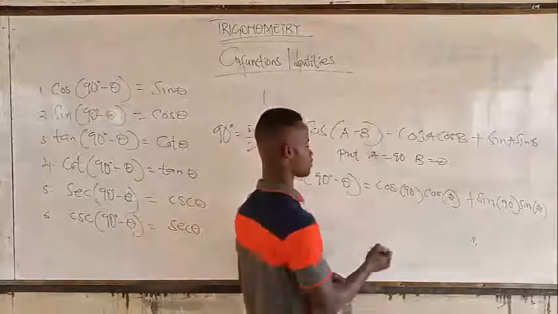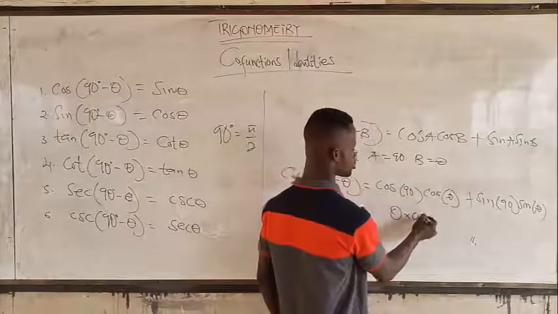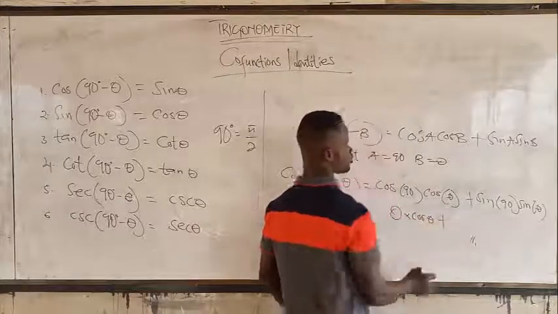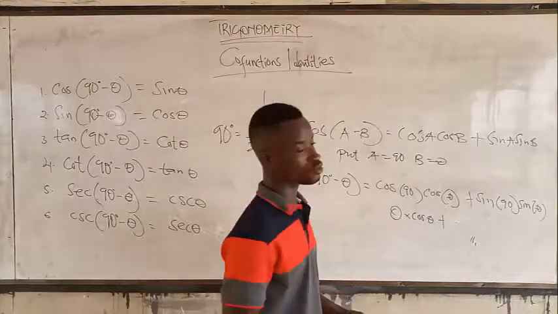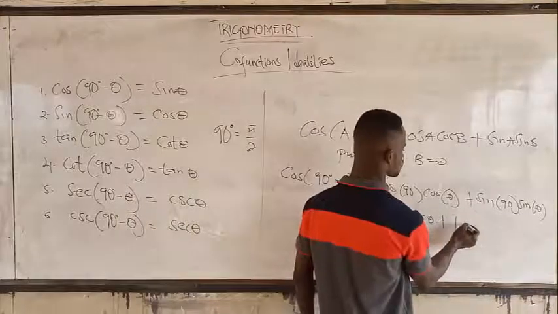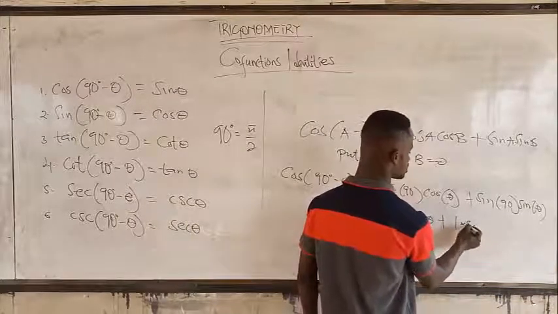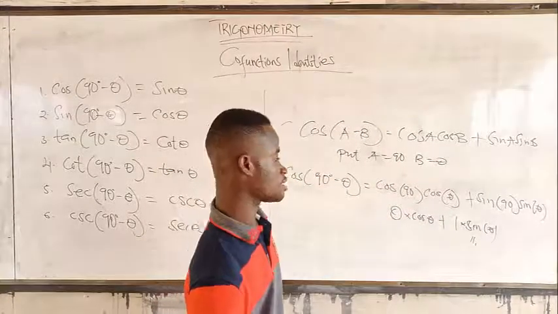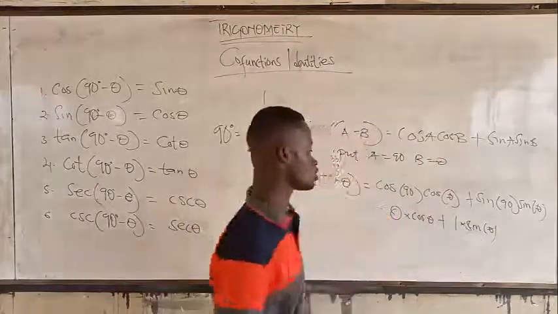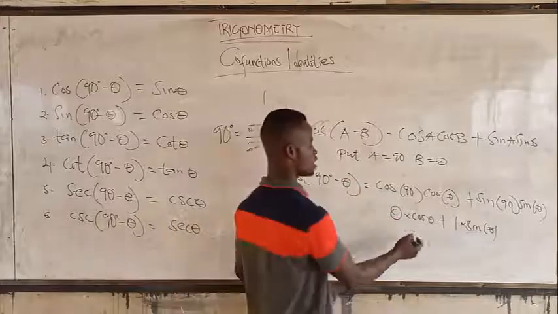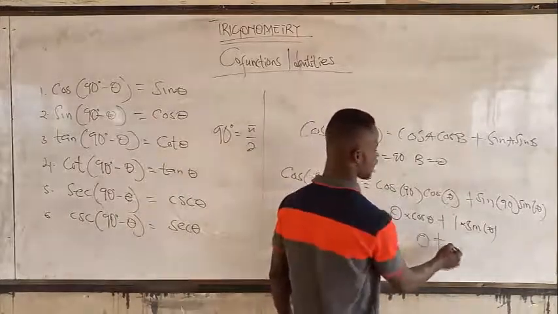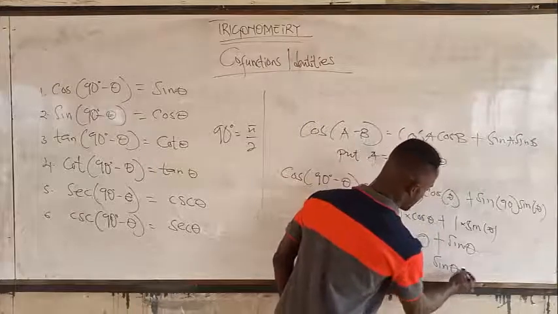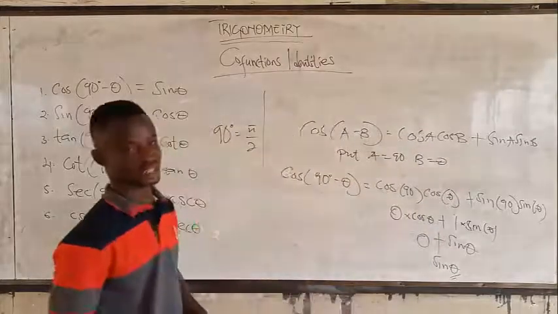Cos 90 is 0, and it multiplies cos theta. Sin 90 is 1, and it multiplies sin theta. So the whole thing is 0 plus sin theta, and we end up with sin theta.